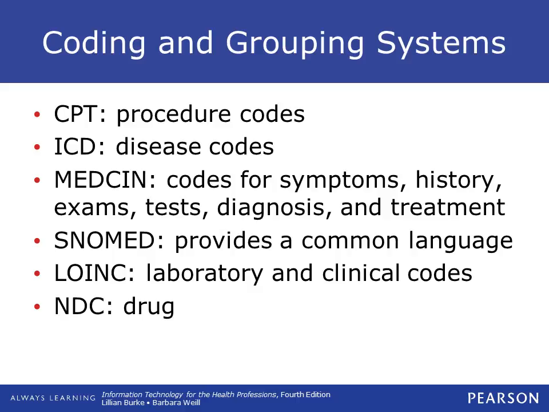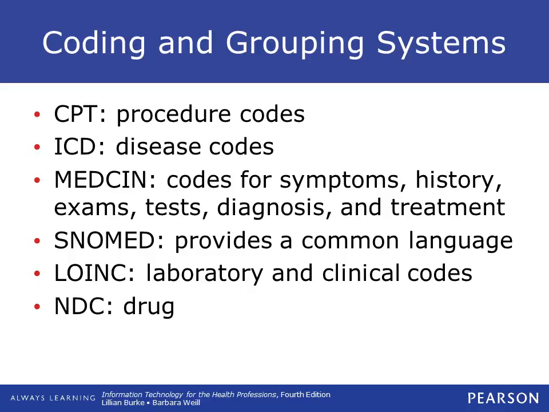Coding and grouping systems. These are the different types of systems that are used inside of patients' medical records. Of course, your CPT and your ICD all have to do with your coding and the procedures that are done for patients when they come into the office. Your MedSyn are your codes for symptoms related to the patient's history, patient exams, and in addition to that, tests, diagnosis, and treatments.